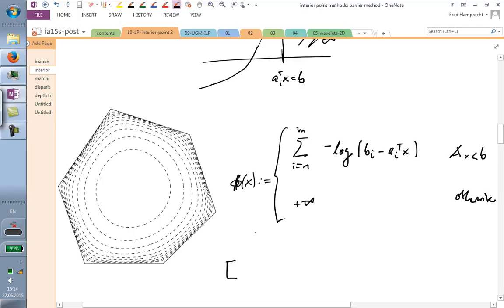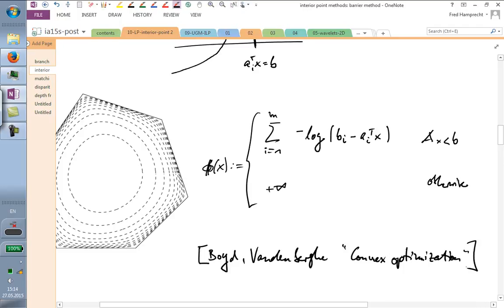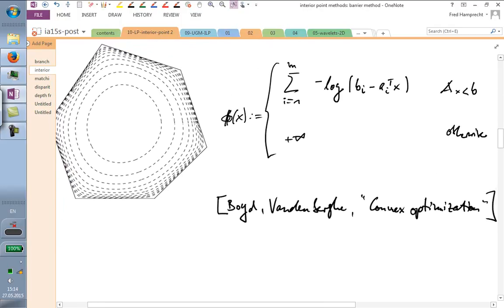And again, this picture and the whole development here can be found in the lecture slides from Vandenberghe, or there is a very nice book by Boyd and Vandenberghe. It's a great book called Convex Optimization. It is up to date and very easy to read, and available, I believe, on the web as a PDF freely.